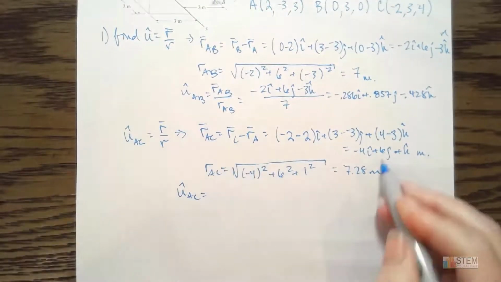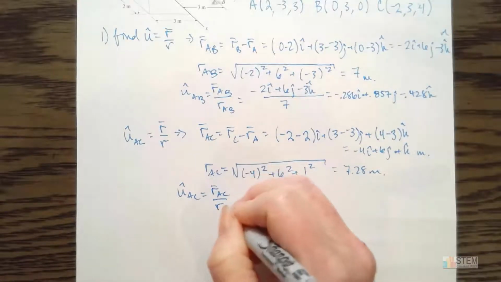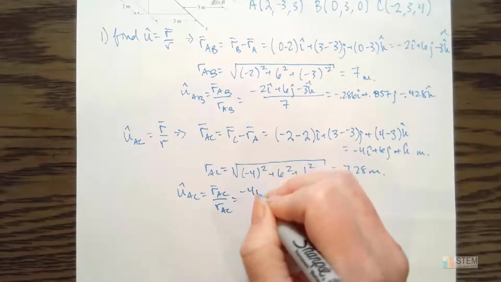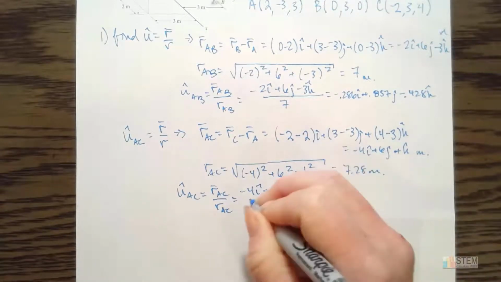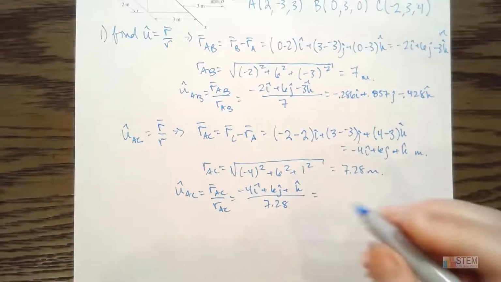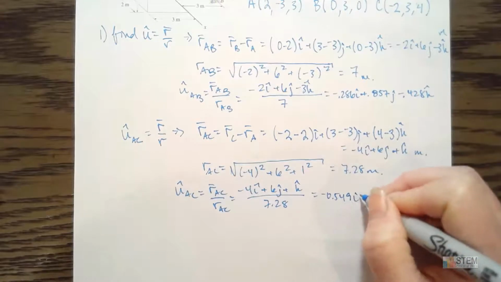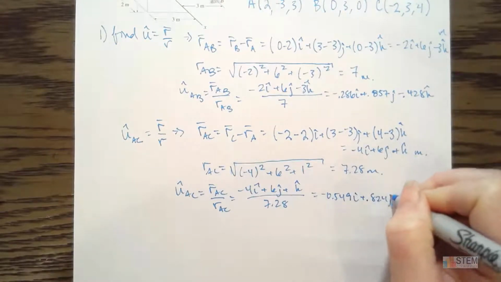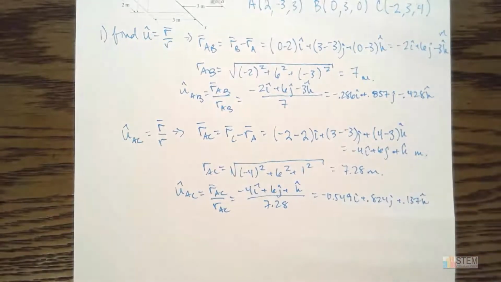Just put this over this. We get negative 4I plus 6J plus K over 7.28. Then that unit vector, once you put it in the calculator, is 0.549I plus 0.824J plus 0.137K. So we've got our unit vectors.